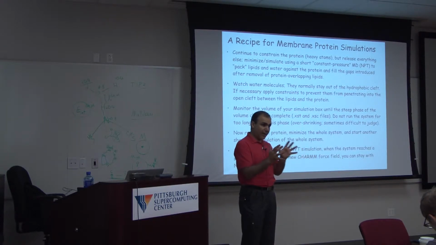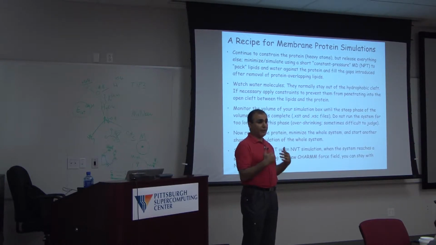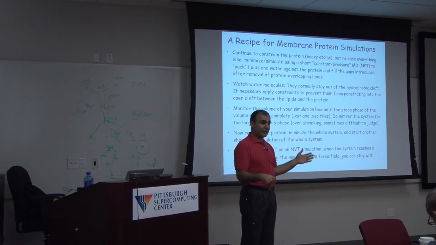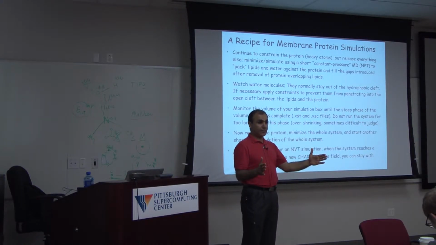They are compacted too much into each other, and that's not biologically relevant. So we want to prevent that from happening. One way of delaying this or avoiding this to a large degree, at least within hundreds of nanoseconds, is to apply a constant area that prevents the system from further shrinking.